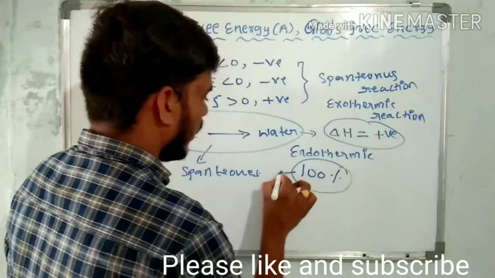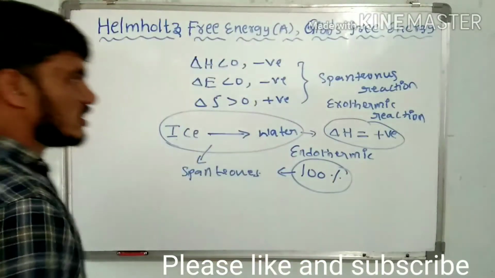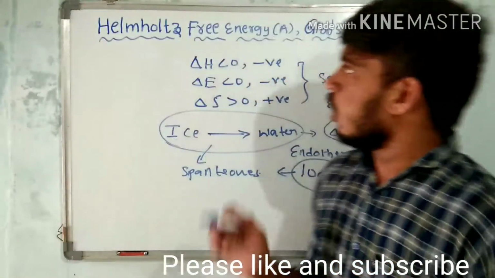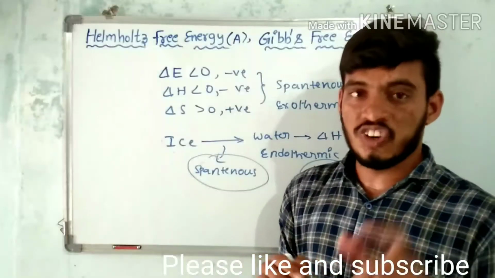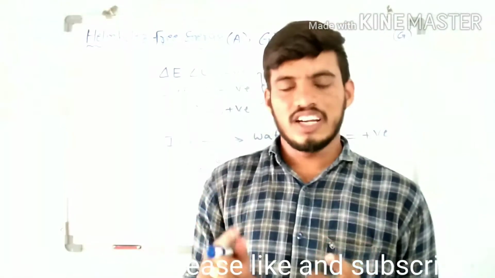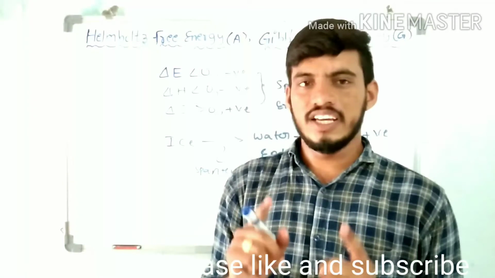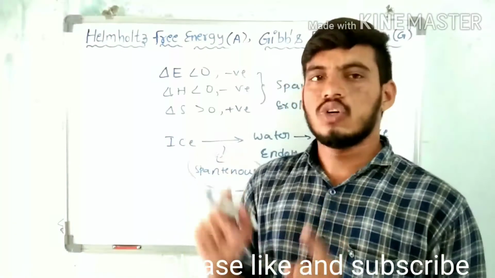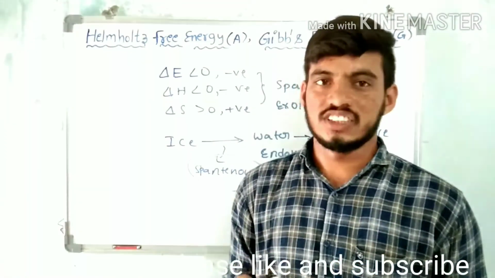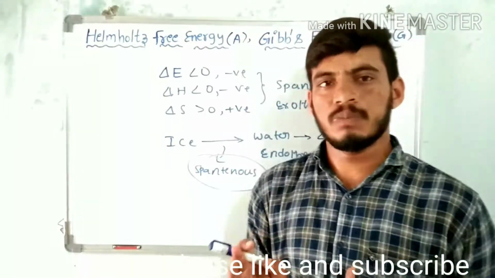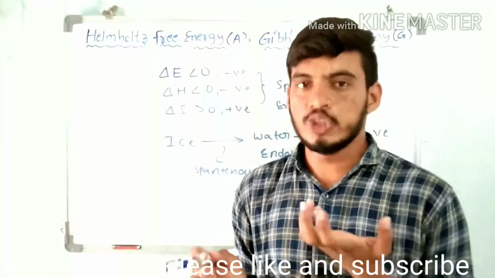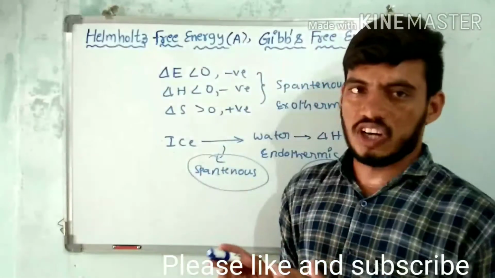This is the main reason these two functions are introduced in thermodynamics. These two functions explain exactly whether the reaction is spontaneous or not. This is the basic principle involved in the introduction of these two functions.